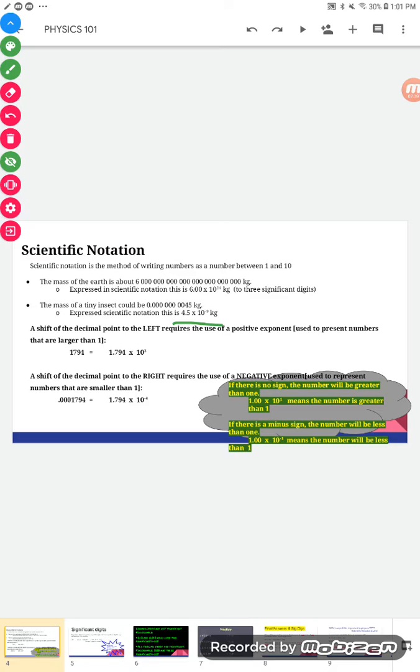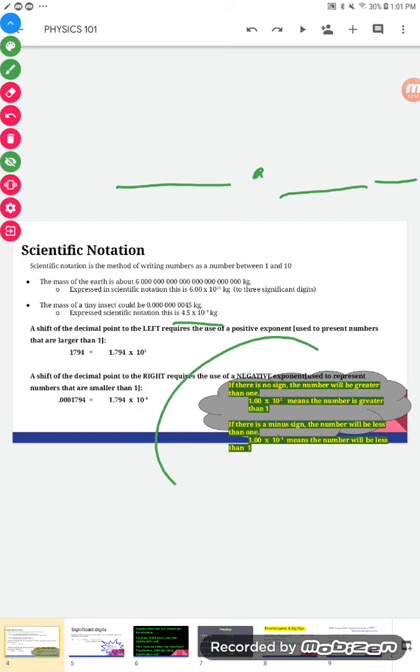Okay, this one has 2 significant digits, so it's 4.5 times 10 to the power of -9, and that -9 simply says that you are moving that decimal 9 places to the left. Okay, so if you count that out, that's exactly what's going on there. Okay, notice there is always one number to the left of the decimal, and then depending on how many significant digits, you might have 1 or 2 or 3 numbers to the right of the decimal to keep accuracy. Okay, and that's important to note.